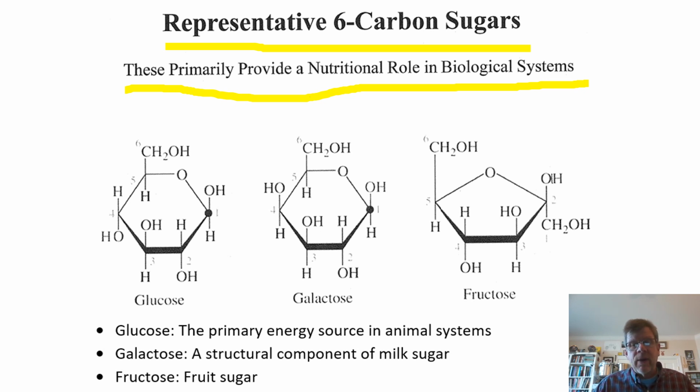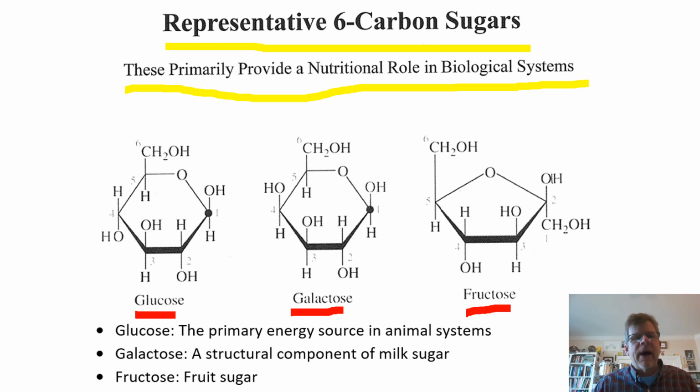In any event, here we have our 3 6-carbon monosaccharides: glucose, galactose, and fructose. The first thing we'll always do when we have to parse between them and figure out which one is which is count the carbons. And in each case here, these are all 6-carbon monosaccharides.